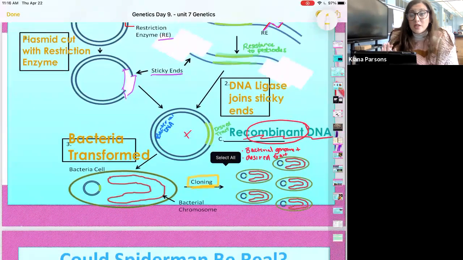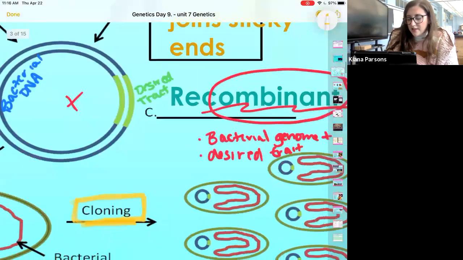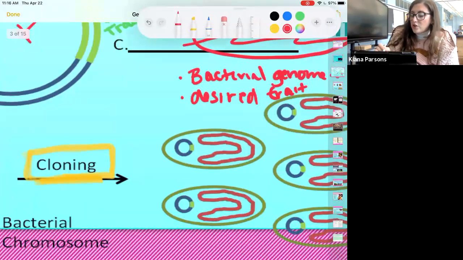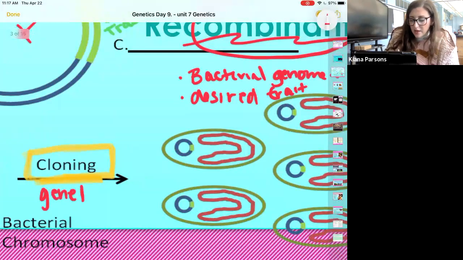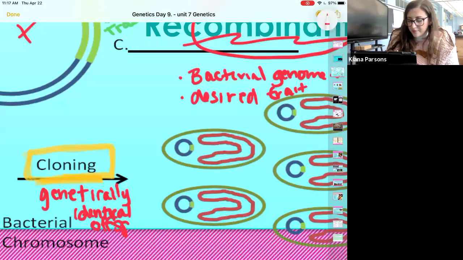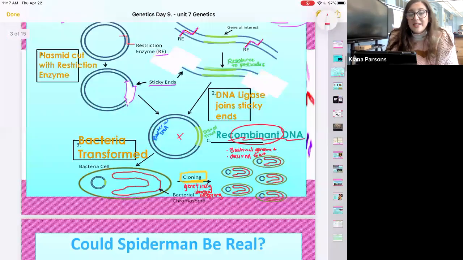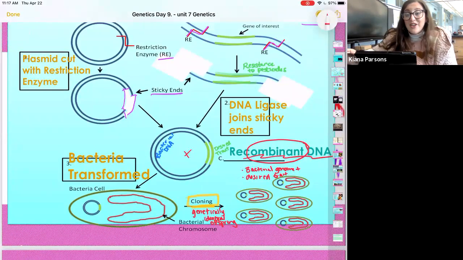Bacteria also reproduces really quickly, and bacteria always makes genetically identical offspring, especially when they're being cloned like this, which means our desired trait isn't going to get mixed up in meiosis. So bacteria is a good host for this type of technology.